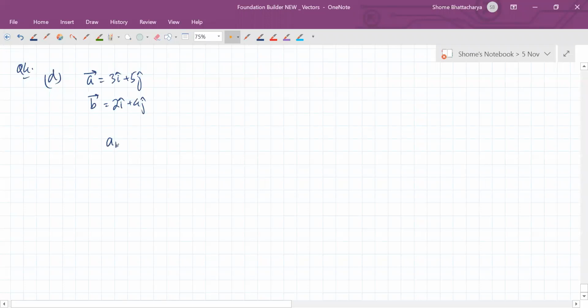So we have to again find the component of A along B or on B, whatever. So that is just given by that formula.